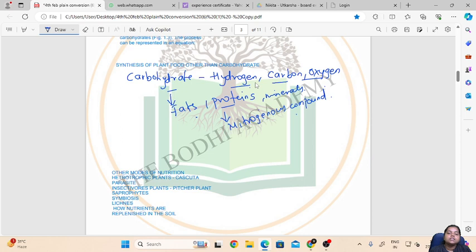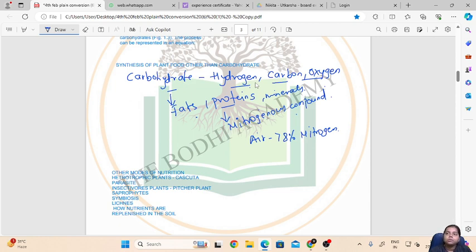Now these require nitrogen. So from where will the plants get nitrogen? We know that in the air, 78% nitrogen is there, but plants cannot take this nitrogen directly, as they directly take carbon dioxide.